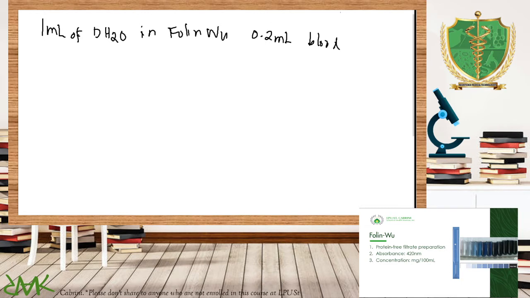Having said that, after adding 1 ml of distilled water and 0.2 ml of blood, we have to add 1 ml of sodium tungstate. The purpose of this sodium tungstate is to denature our proteins, because the anions of this sodium tungstate will attract our protein.